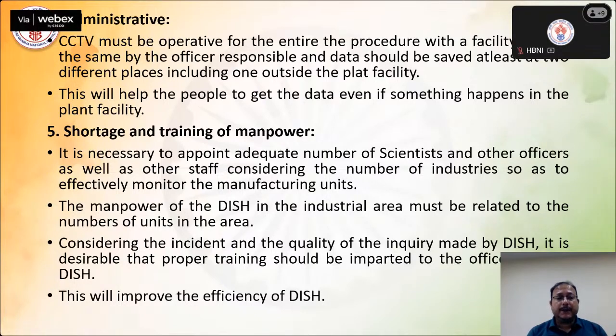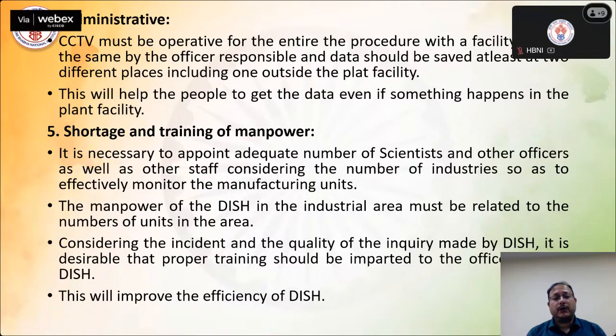Considering the incident and the severity of the injuries caused, it is desirable that proper training be imparted to all the officers in the Department of Industrial Safety and Health. I'm not saying this is pertinent to all places, but in this case we found such scenarios, and these officers are very much overloaded because they have to check and cross-check all the manufacturing units in their jurisdiction.